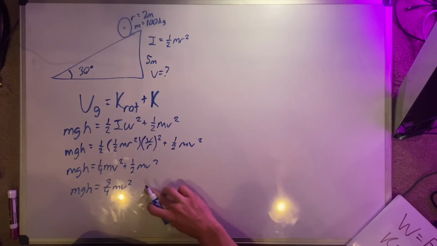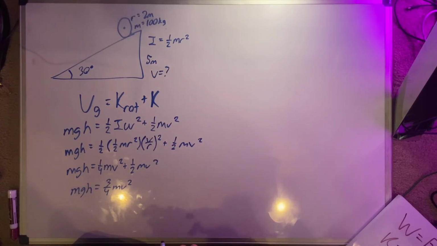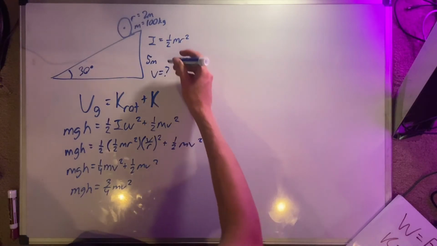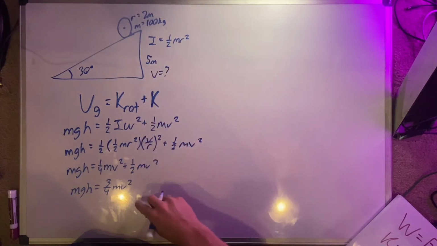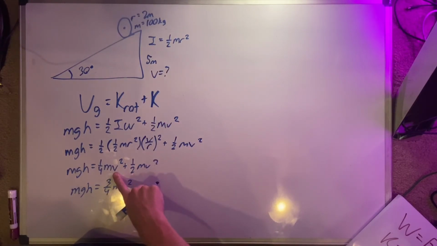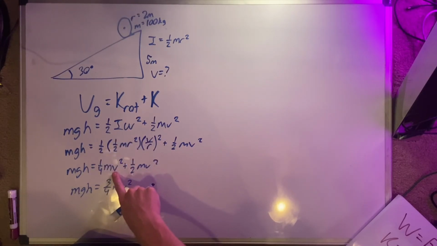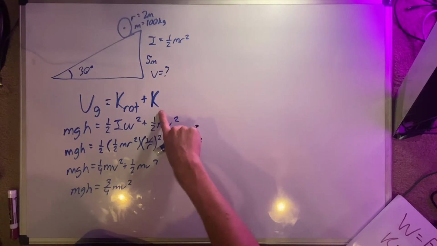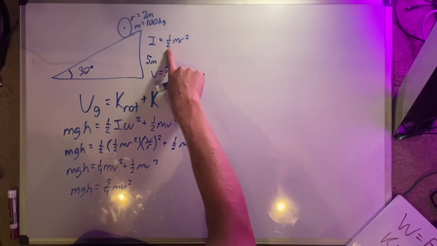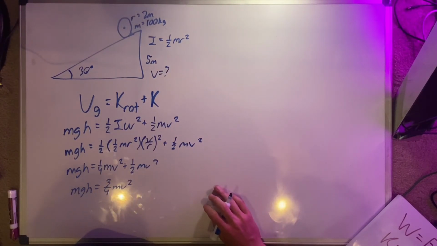Also, one more thing I would like you to notice is that when we simplified this down, it looked exactly the same as our kinetic energy, but multiplied by the constant in front of the I. That's exactly what I want you to notice, and that will actually allow you to take shortcuts.